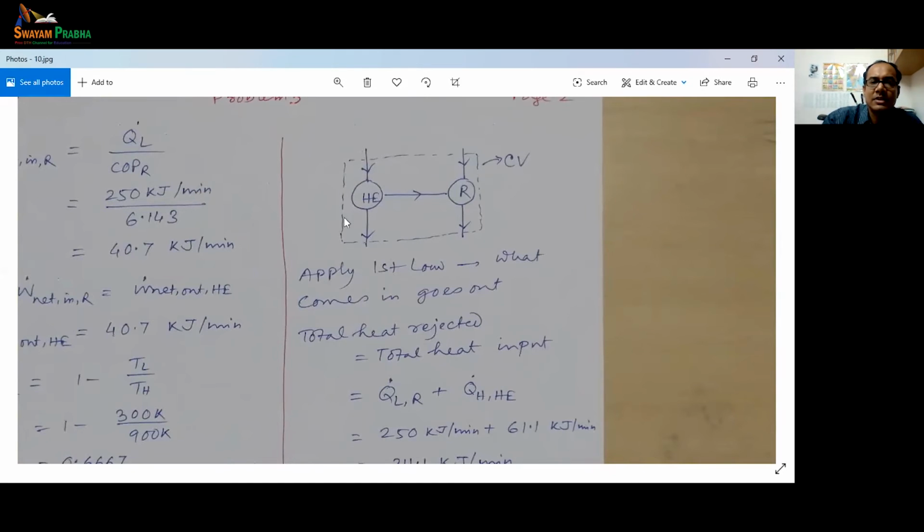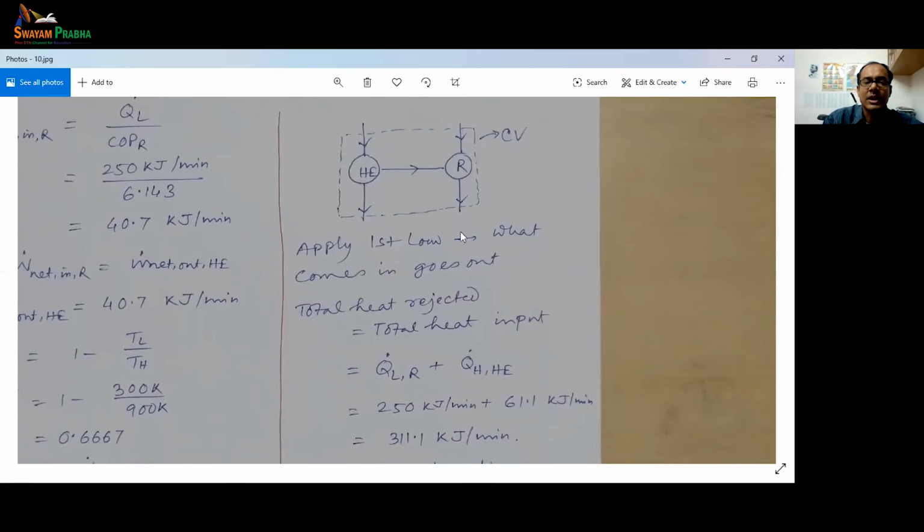Okay, so here this dotted line is the control volume which covers both of them, so that the whole work transfer that is happening between the heat engine and the refrigerator is not contributing anything to the control volume analysis, because it's inside. Whenever you have a work or heat interaction that's crossing the boundary of a control volume, then only it appears in the balance equation.